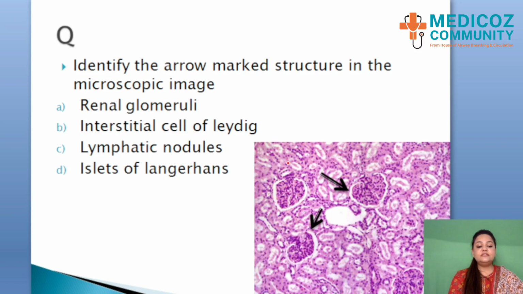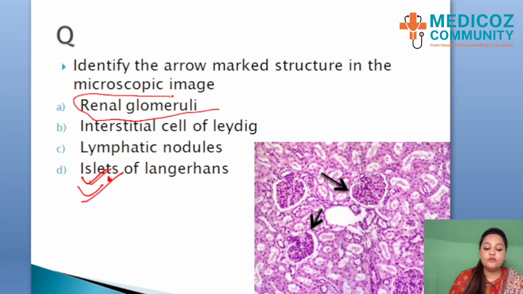Yes, now this is the next question, which is again an image-based question here. A microscopic slide is given here, and this is the slide of the kidney. Now some of you may have marked this option for the answer here, but the answer for this is the renal glomeruli.